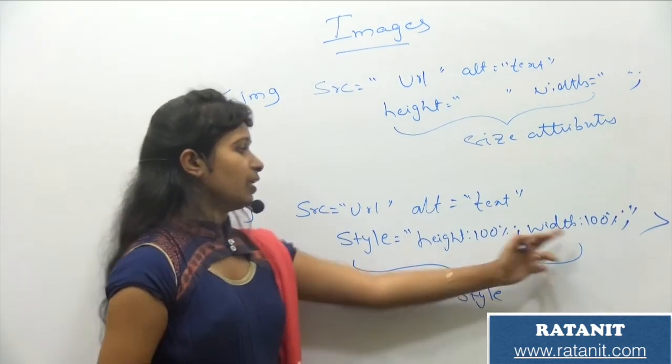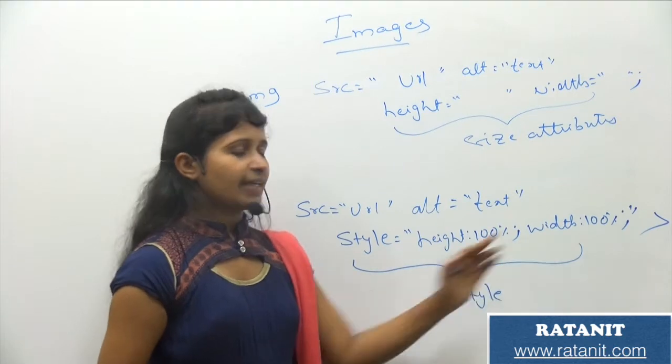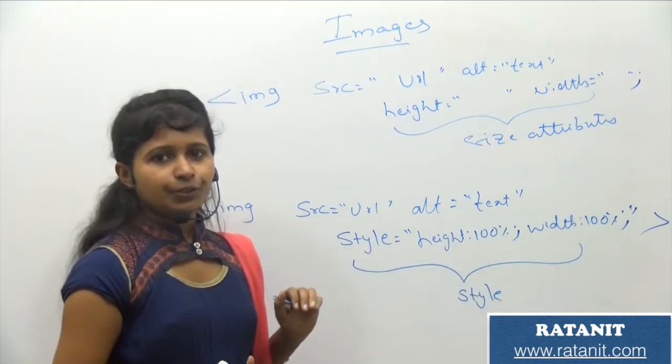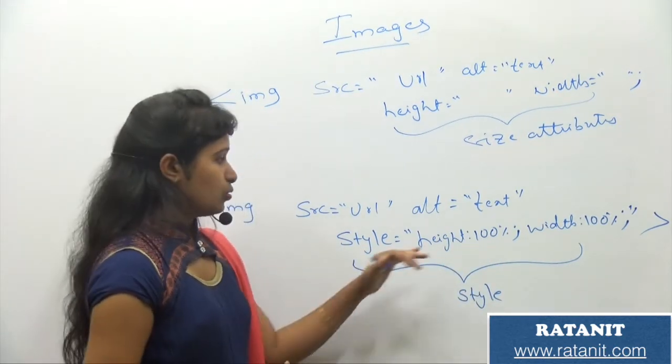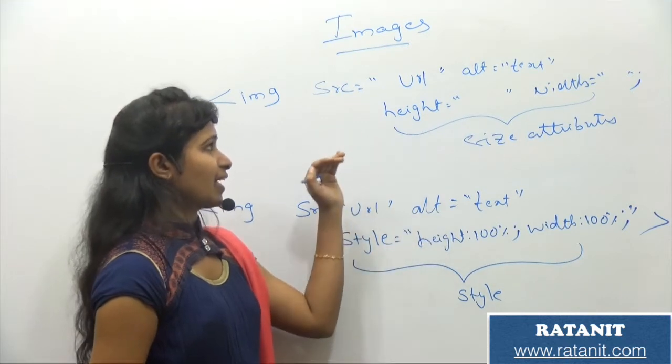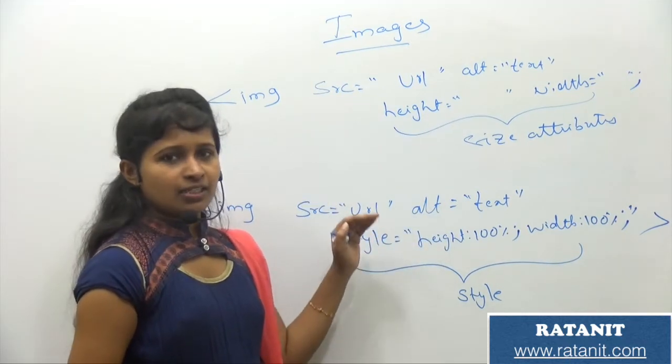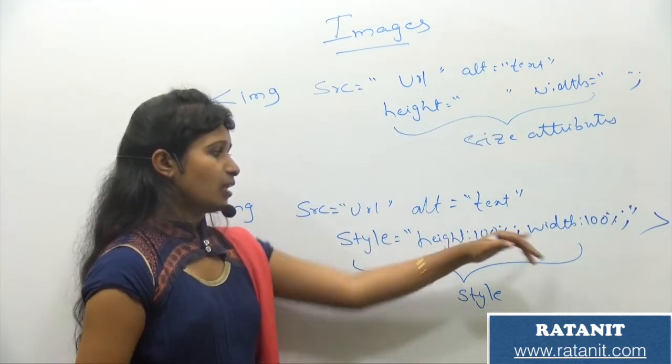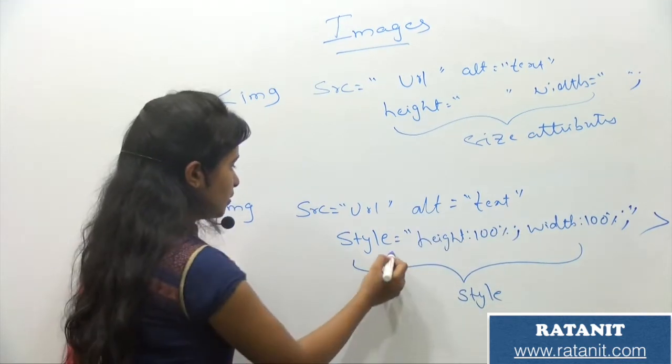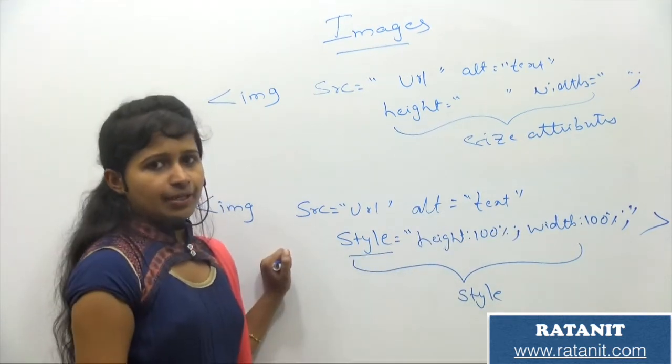But if you give it like this, the exact height and width will fit the image. No style sheet, external or internal cascading sheet, can change this height and width. That is the reason we need to use the style attribute.